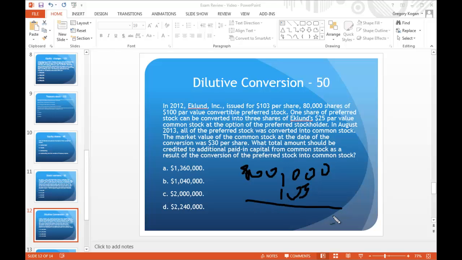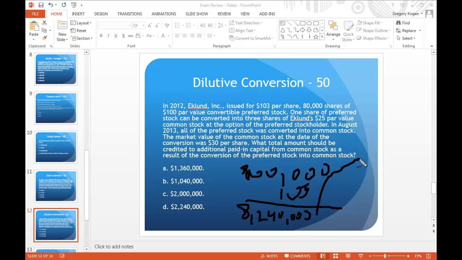So this whole thing is going at 8,240,000. That's the total issuance amount, right? Now this 8,240,000 is the preferred equity that we're going to be converting.